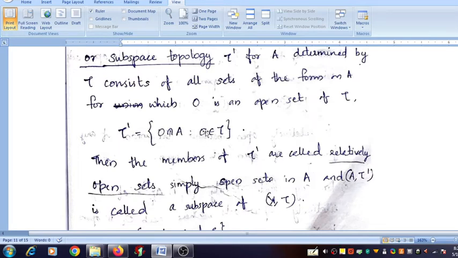Here we have to consider each member of tau, and then its intersection with the subset A is determined.